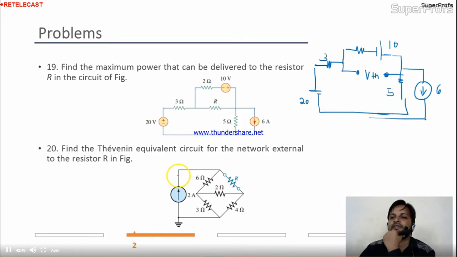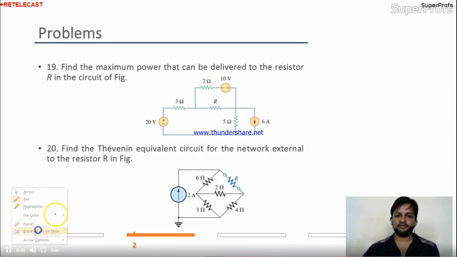So for this particular circuit I can apply the source transformation, and this 5 and 6, the combination of parallel resistance and current, I can convert into an equivalent voltage source, and that is 6 into 5, 30 volt in series with 5 ohm.